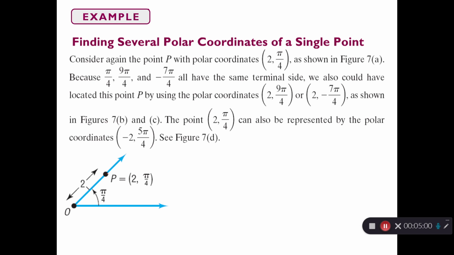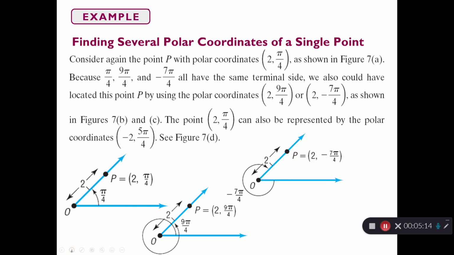I get 2 comma 9 pi over 4, and if we graph that particular point, what you'll notice is we wind up in the same spot. Or I can graph 2 comma negative 7 pi over 4. And once again, we graph that point, we wind up in the same spot. So there are indeed a multitude of different number names that we can use in order to signify a single location.